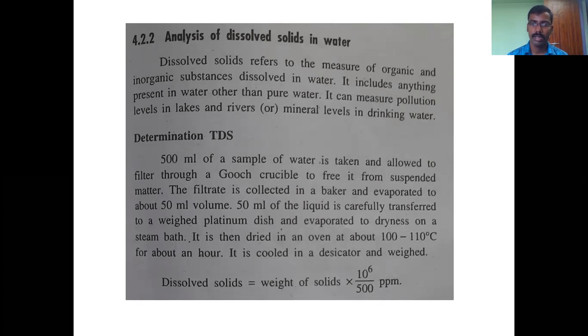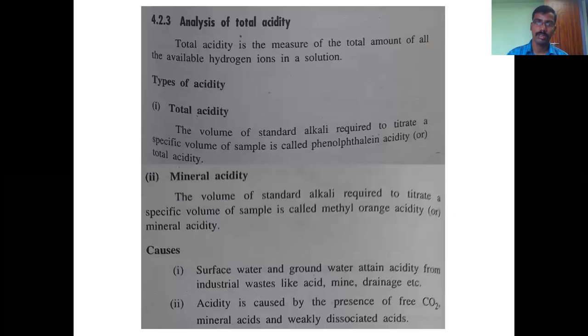It is then dried in an oven at about 100 to 110 degrees centigrade for an hour. It is cooled in a desiccator and weighed. Dissolved solids is equal to weight of solids times 10 to the power of 6 divided by 500 ppm. TDS means total dissolved solids.